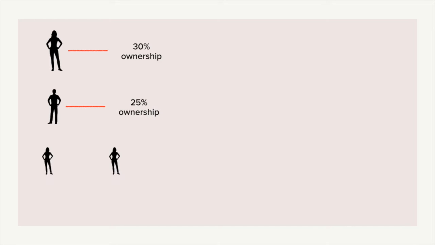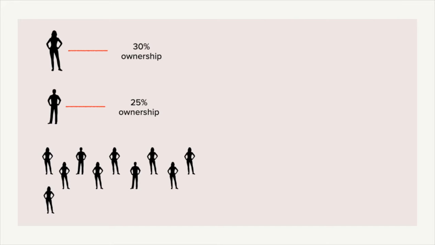So, for example, this stockholder has 30% ownership or 30% stake in the stock holdings of the corporation. And then you have this stockholder having 25% ownership. And then you have several other stockholders having minimal ownership, totaling 45% ownership.